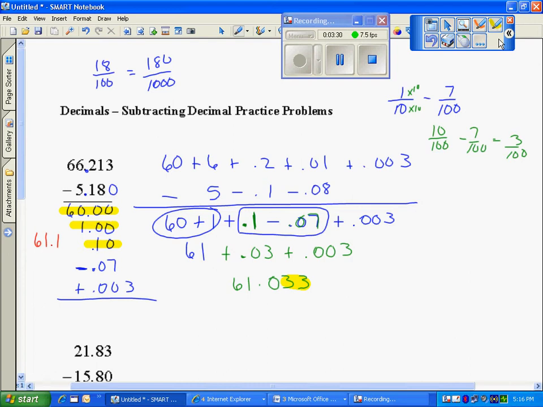We're going to take off the 7/100ths, so that's going to leave me 61 and 3/100ths. And then when I add my thousandths, I get 61 and 3/100ths and 3/1000ths, which is 33/1000ths.